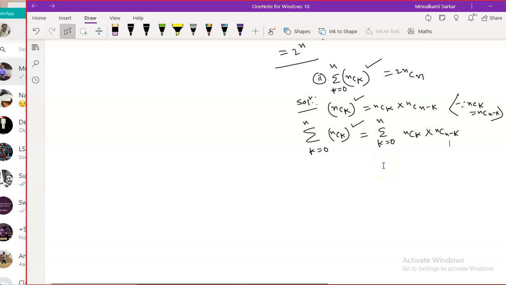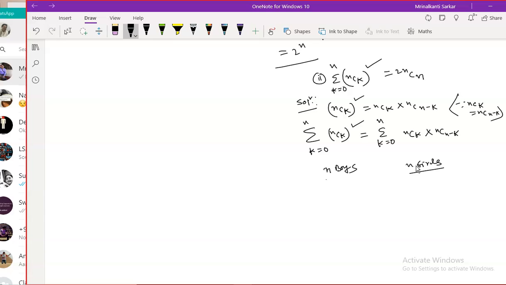Now think about the selection of n students from a set of n boys and n girls.